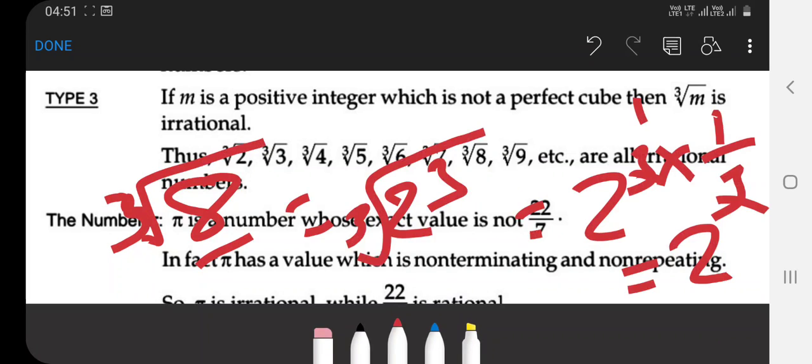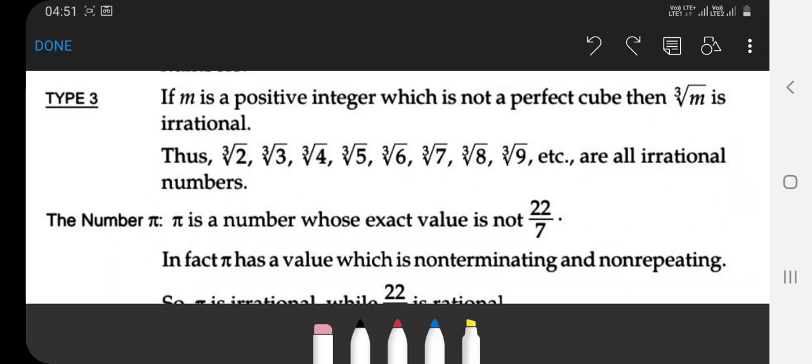So if m is a positive integer which is not a perfect cube, then cube root of m is irrational.